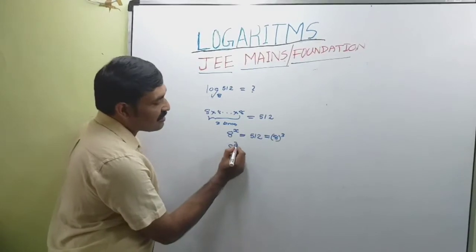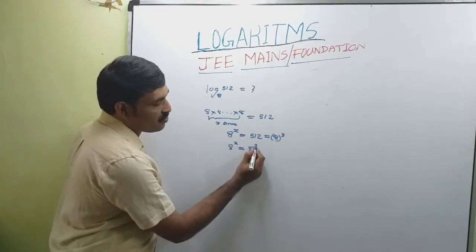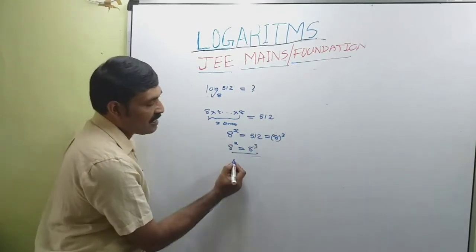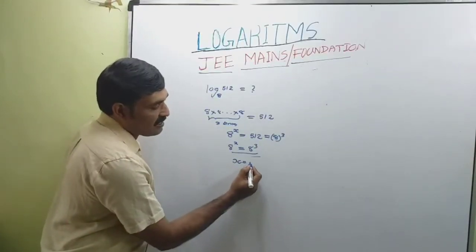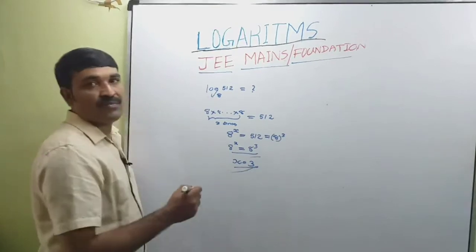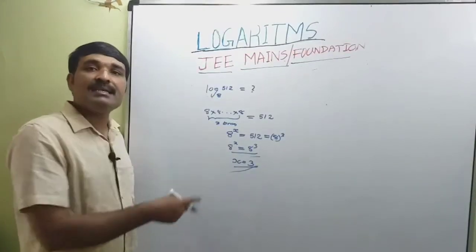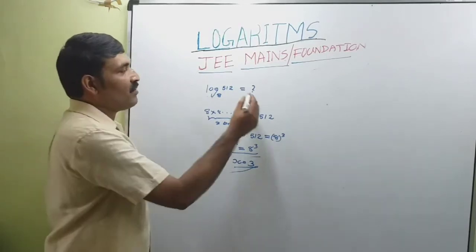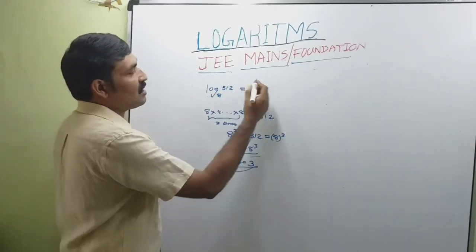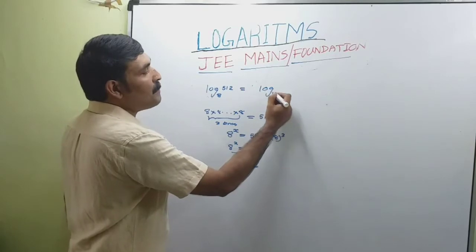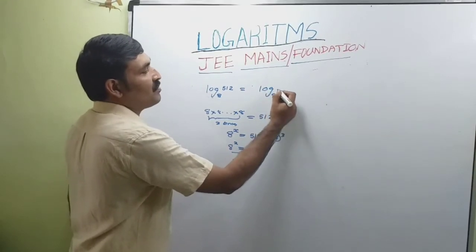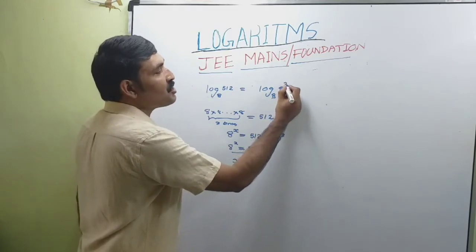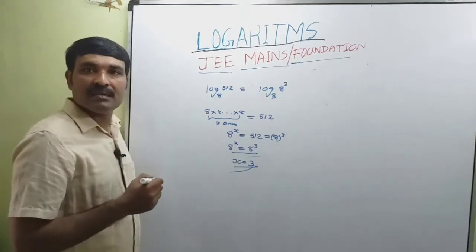Now 8 raised to x is equal to 8 raised to 3. Comparing the powers in LHS and RHS, we get x is equal to 3. So the exponent is equal to 3. So by using this property, we can write this as log to the base 8, where the number is 8 cube.